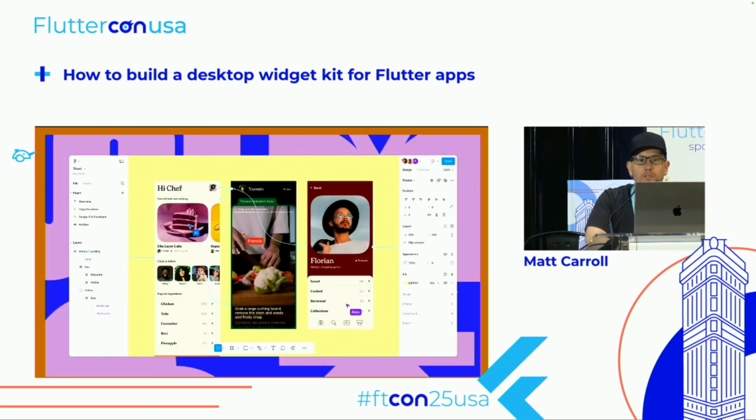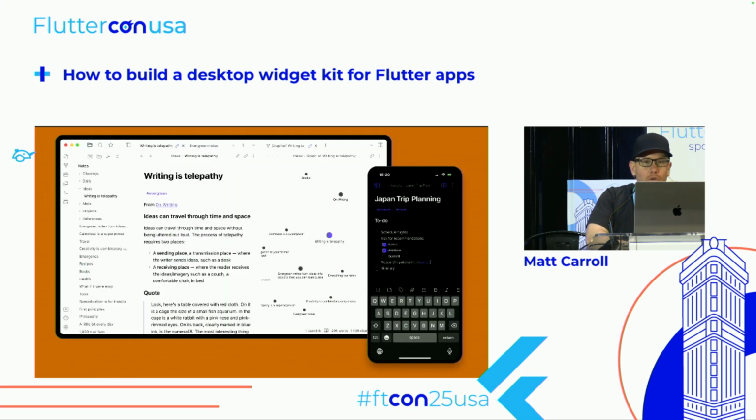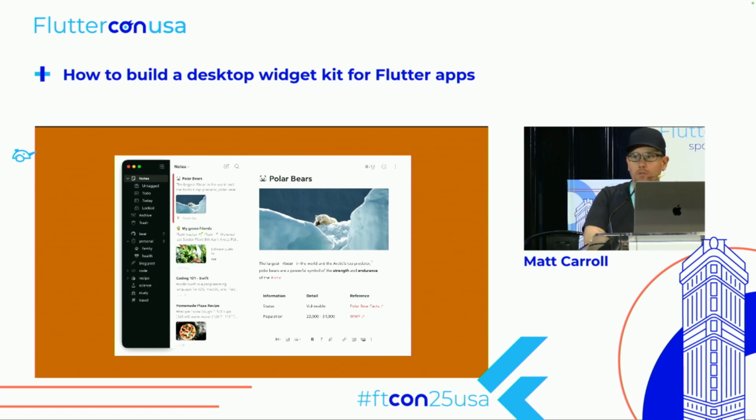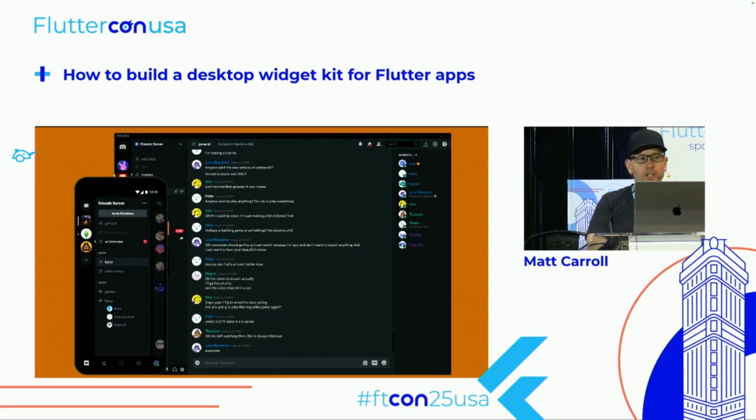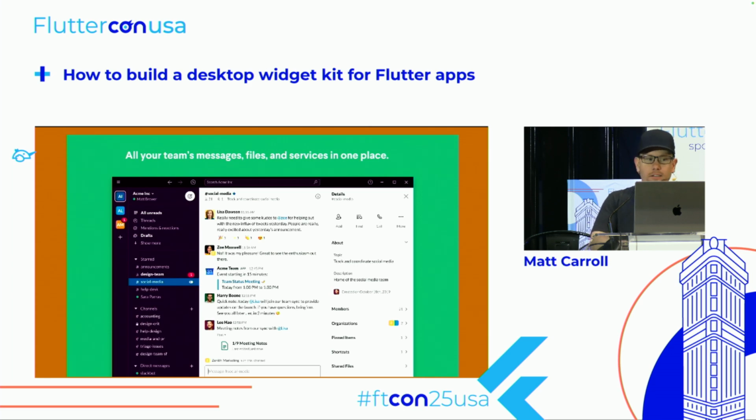The app that all of you use to design the mobile apps that you then build with Flutter, Figma, is on desktop. We take notes in Obsidian on desktop. We take notes with Bear on desktop. In fact, there's kind of a burgeoning industry for desktop note-taking apps. We talk to each other over things like Discord or Slack.